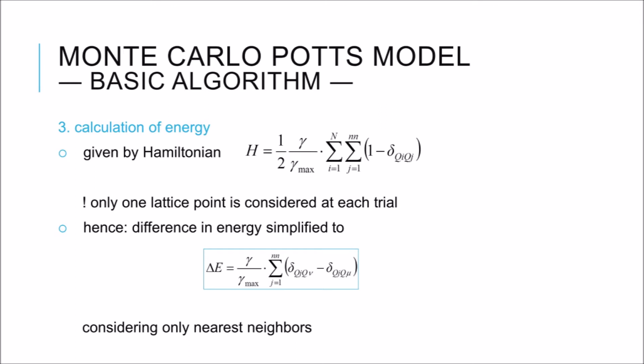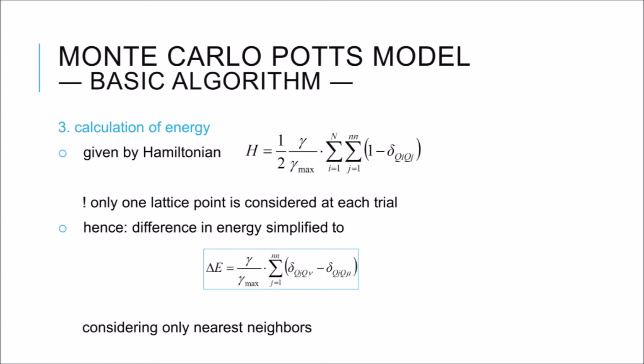And yes, this is important because think about it like this. In each step, in each reorientation attempt, we change only one orientation of one lattice point. So basically, the vast rest of all our lattice points stays completely untouched.